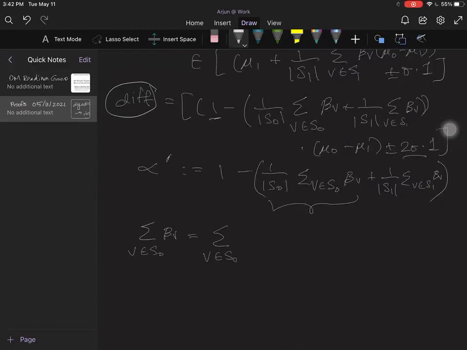So for S0 itself, this is only for the case of S0, this is equal to the sum over the neighborhood intersected with S1 of the interlink weights divided by the degree of V.